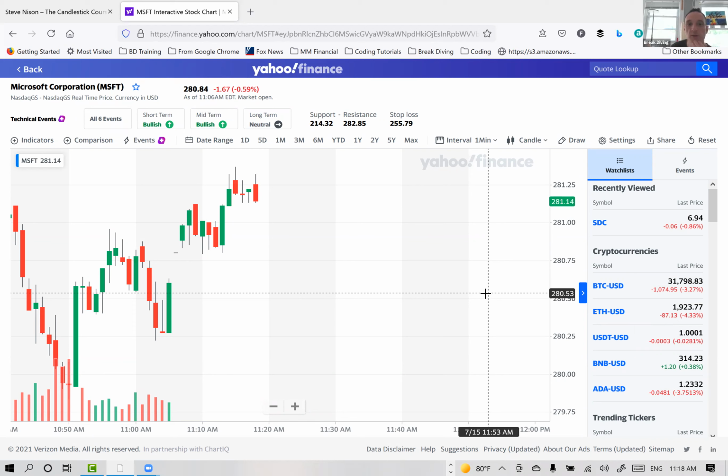So if I bought that at 281.28. The question is, that hammer there right before, is that really a hammer, because there were only 2 candles of a downtrend? Not necessarily.